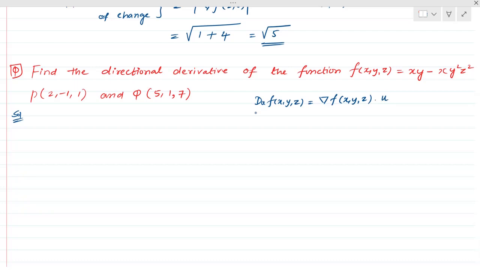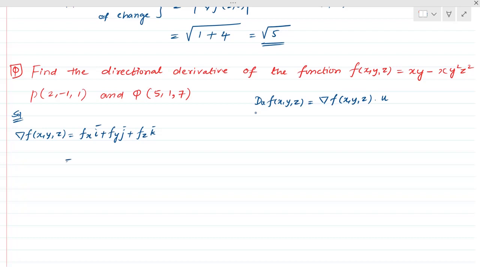The gradient is fx i plus fy j plus fz k, because in three dimensions we extend the formula.